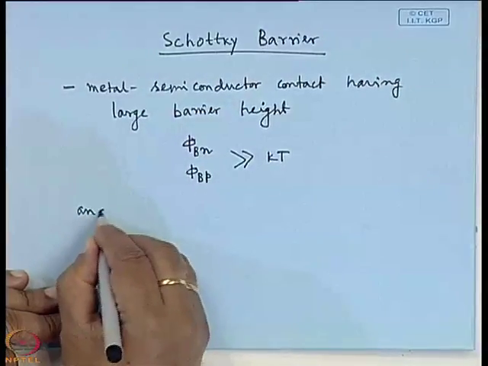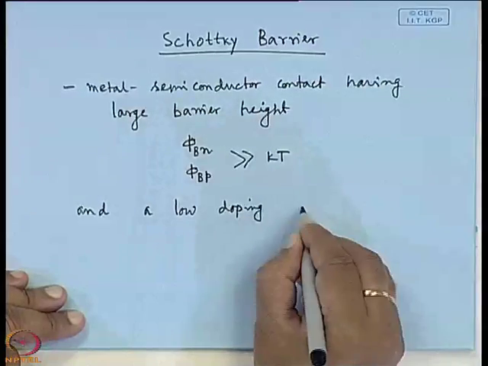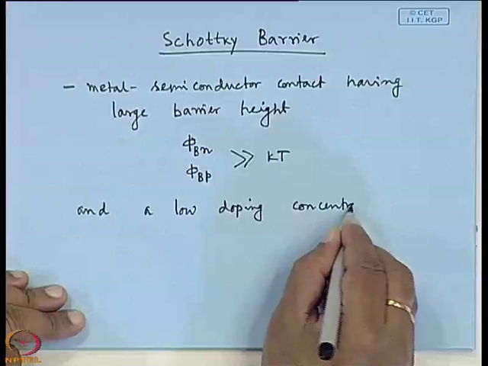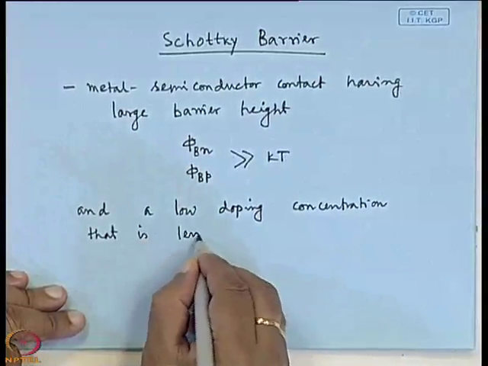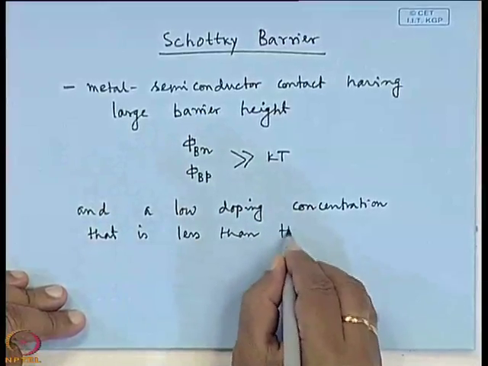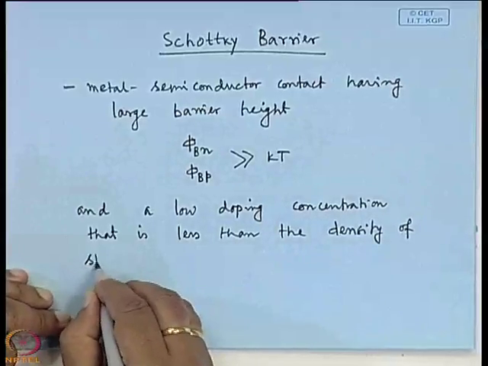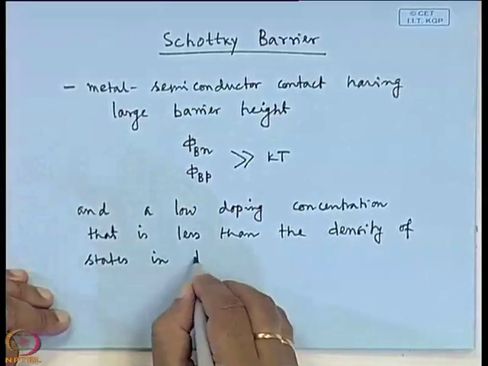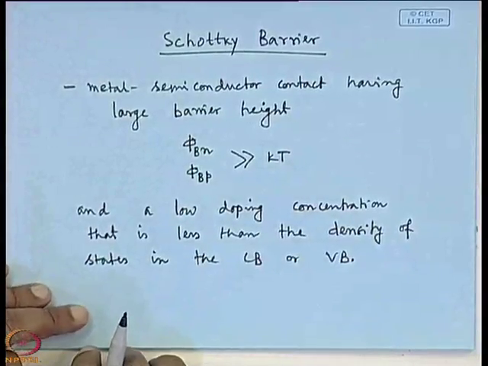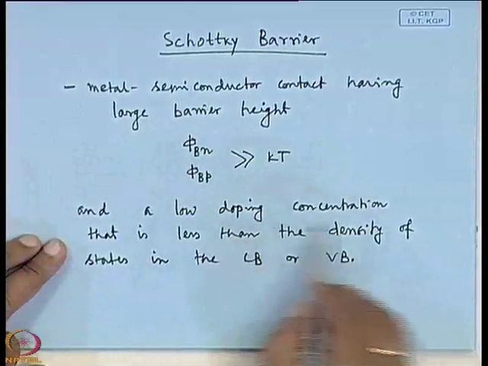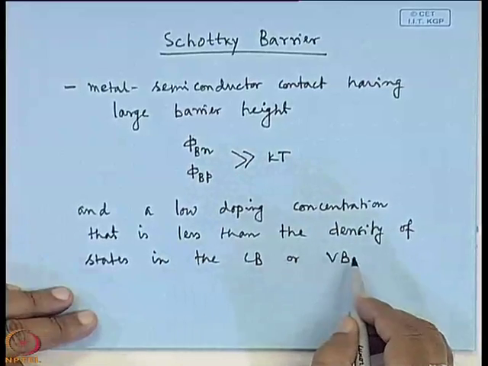And a low doping concentration, that is less than the density of states in the conduction band or valence band. Okay. It is low doping concentration, low means less than the density of states in the conduction band or the valence band.